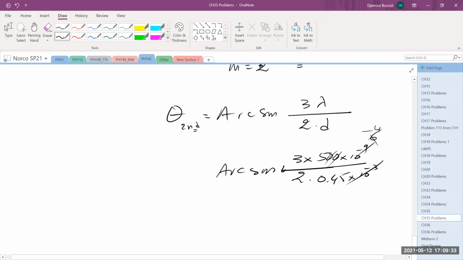I have negative 4 left, so I'm dealing with 15 over 2 times 0.45. So 15, oh no, I have to use the arc sine of 15 divided by open parentheses.